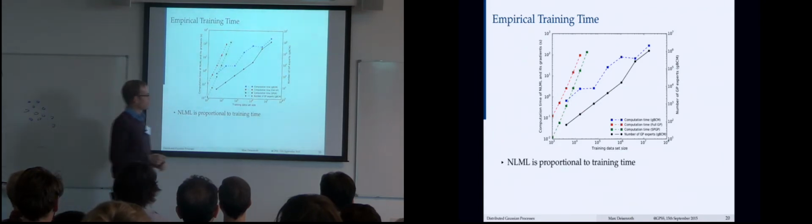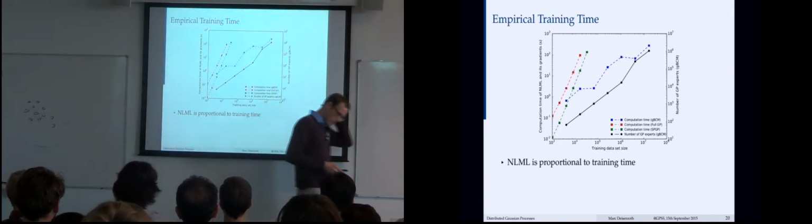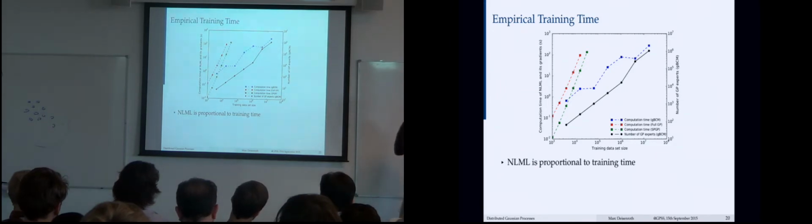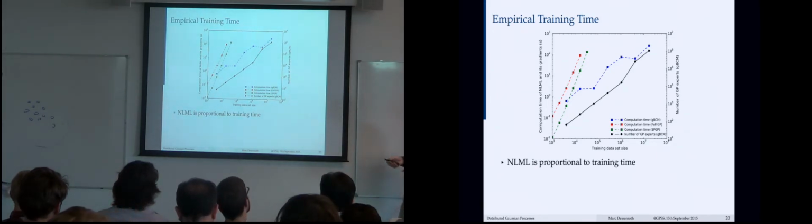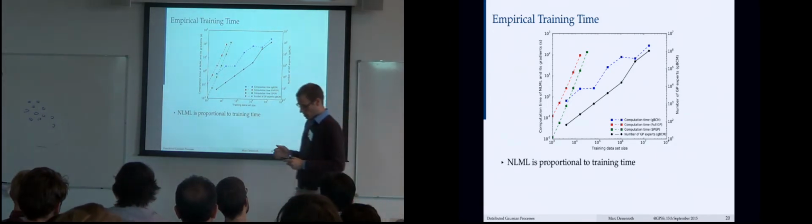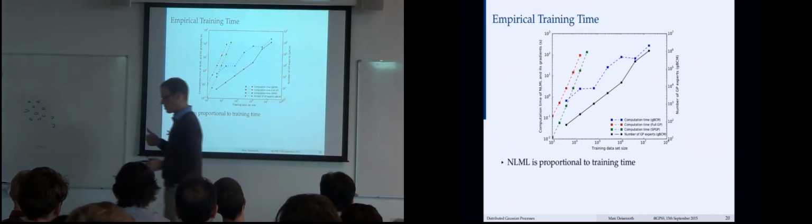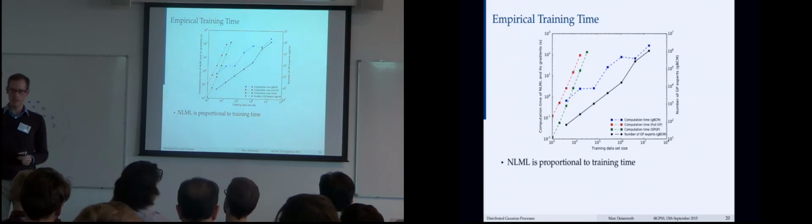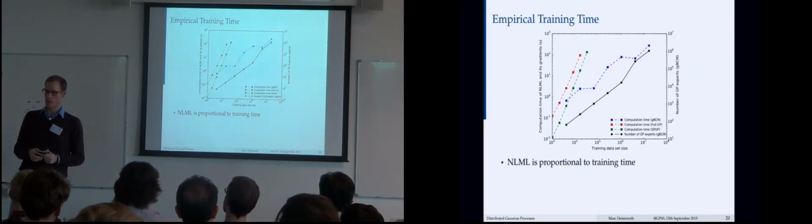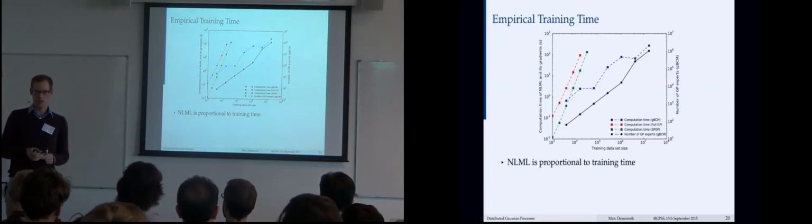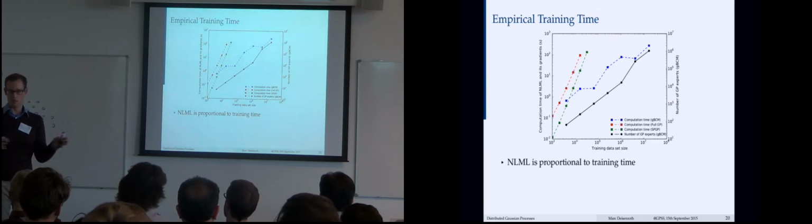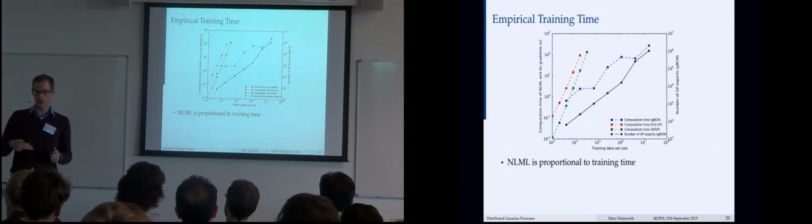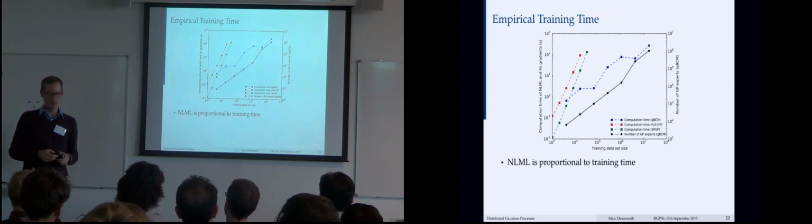So just empirical training time to see how far we can get with this. To compute this, we computed how much time it takes to compute the marginal likelihood and the gradient of the marginal likelihood with respect to the hyperparameters. Because this is proportional to the overall training time if you do some sort of gradient descent.